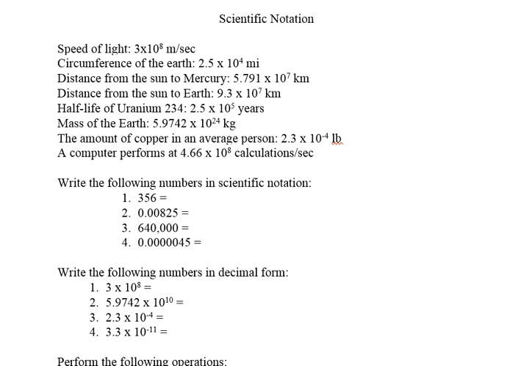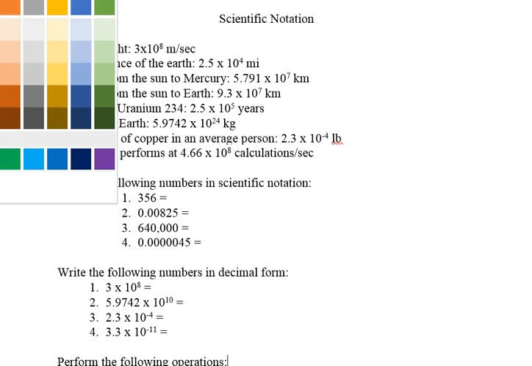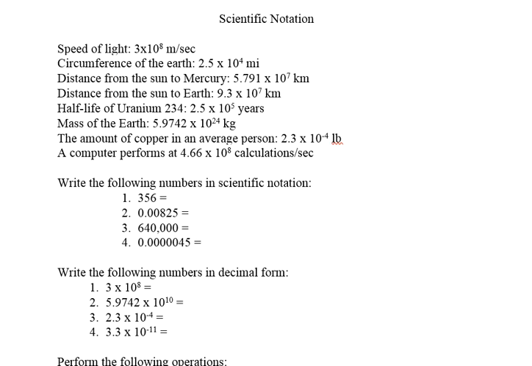Whole numbers have the decimal behind at the very end on the right. So grabbing my pen, the decimal is behind the 6. So we're going to move it all the way until there's only a single digit in front of the decimal. So it's going to be 3.56. It was a number larger than 0, so it's a positive exponent. And I move the decimal 2 places, so it's 10 to the second.